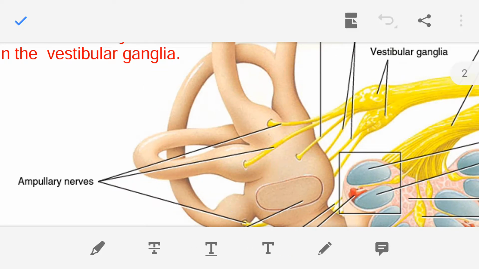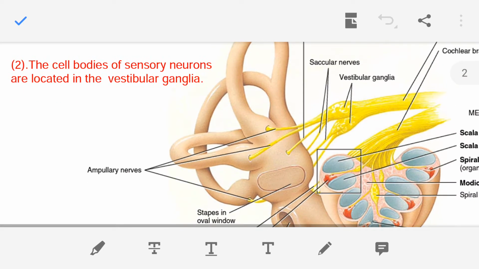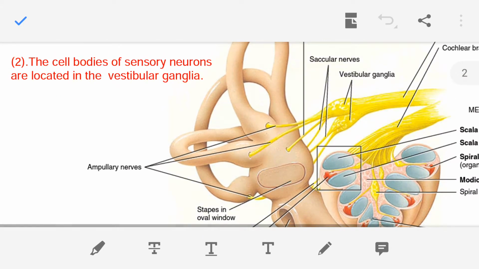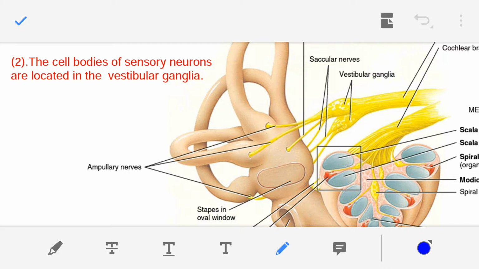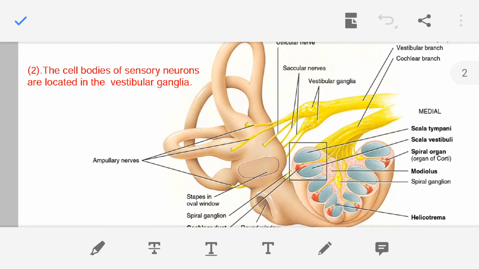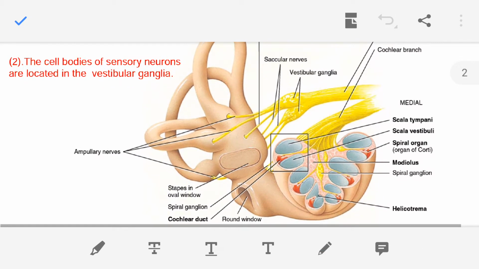So now you can understand the sensory neurons' cell bodies are located in the vestibular ganglia. Along with the sensory neurons, meaning afferent neurons, there are also efferent neurons. In the previous lecture we saw the efferent neurons, which were shown in green.